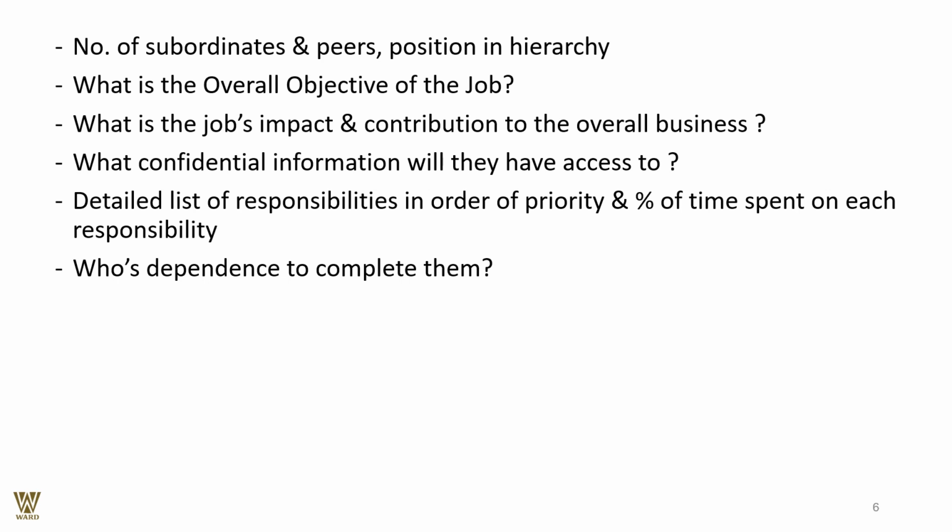What is the overall objective of the job? What is the job impact and contribution to the overall business? What confidential information will they have to access? A detailed list of responsibilities in order of priority and percentage of time spent on each responsibility. Who is dependent on them to complete their work? That is very important.